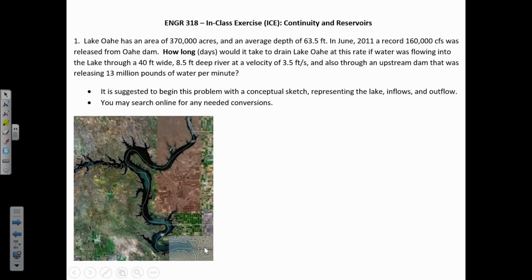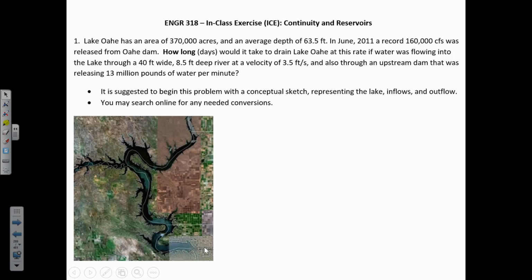Now, we've already talked about the Oahu Dam, and the lake is upstream of the Oahu Dam. What I looked up for this example is the surface area of the lake. It's 370,000 acres. And I looked up the average depth of the lake, 63.5 feet.